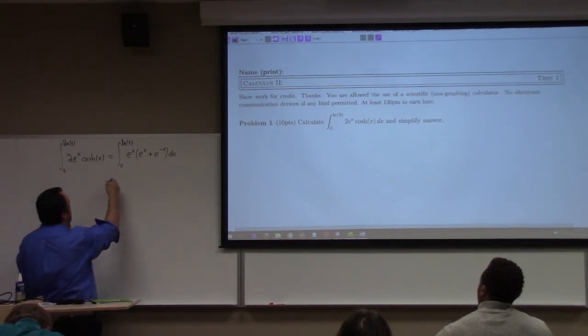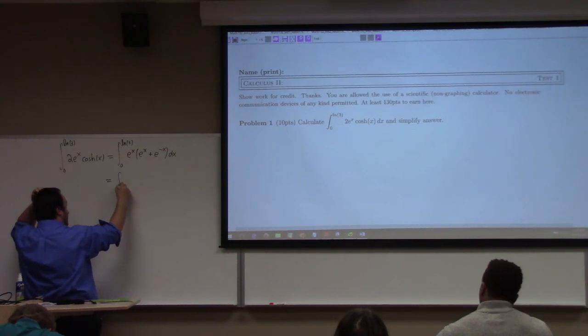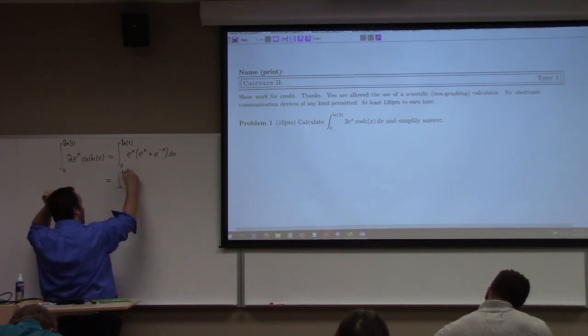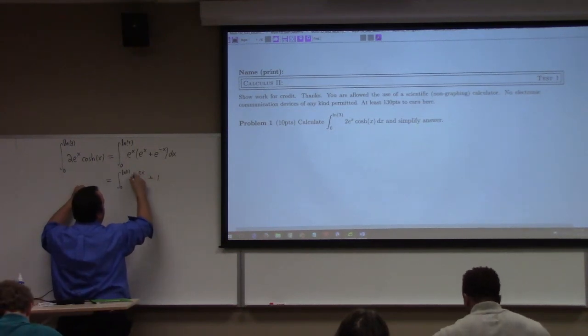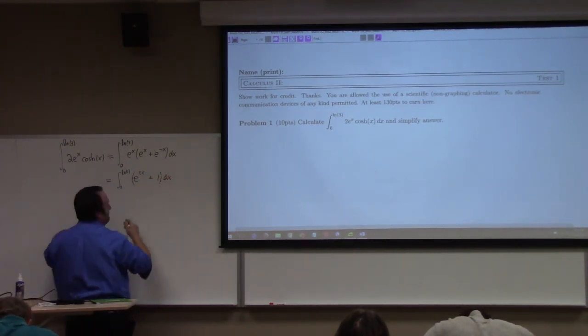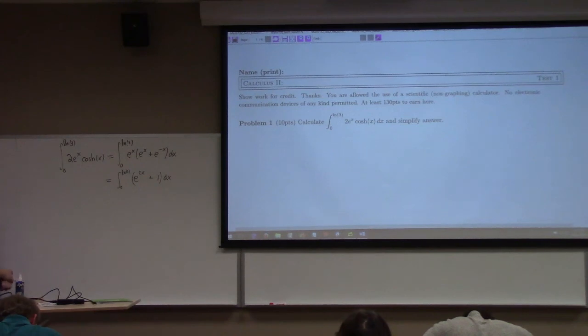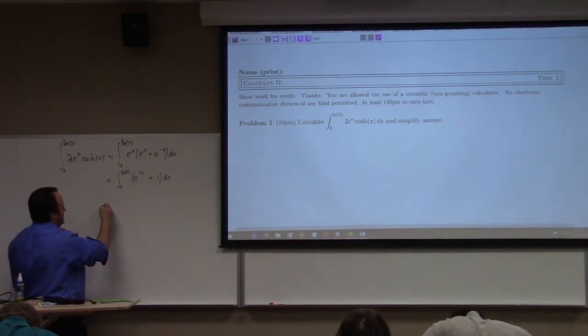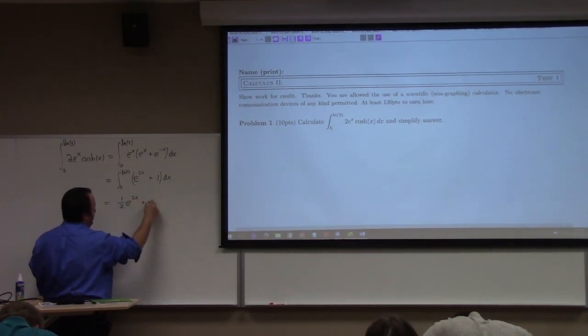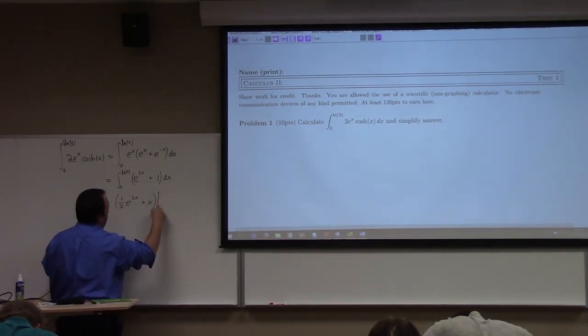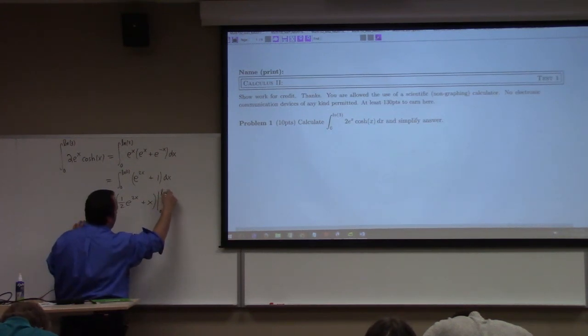So this is the integral from 0 to log 3 of e to the 2x plus 1 dx, right? And then we just integrate, right? I mean, use substitution if you like. So we get 1/2 e to the 2x plus x. Evaluate that from 0 to log 3. What do you get?